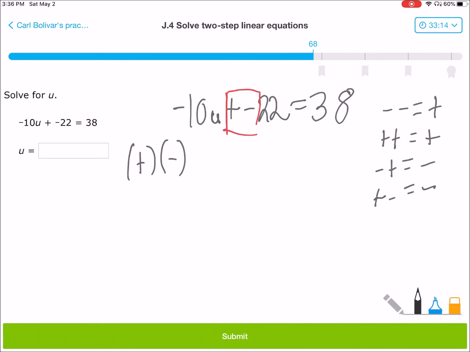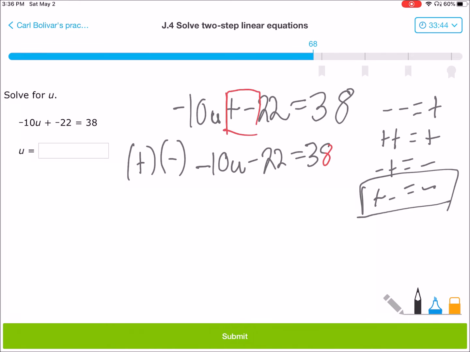Okay? So, in this case, what is here right now is the positive and negative. So it would be this one, right here. So let's simplify that symbol, because we always simplify first. So when we simplify those symbols, we will get negative 10u minus 22 is equal to 38.